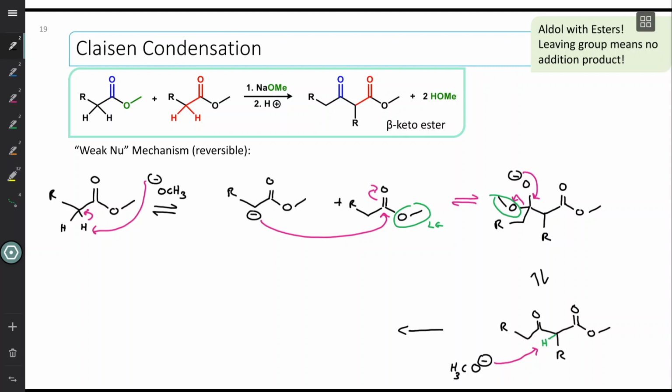A lot of these are reversible, but this is not completely irreversible, yet it drives this reaction forwards because you form this very stable enolate. So by Le Chatelier's principle, you're forming this product that's pulling the whole reaction forwards.